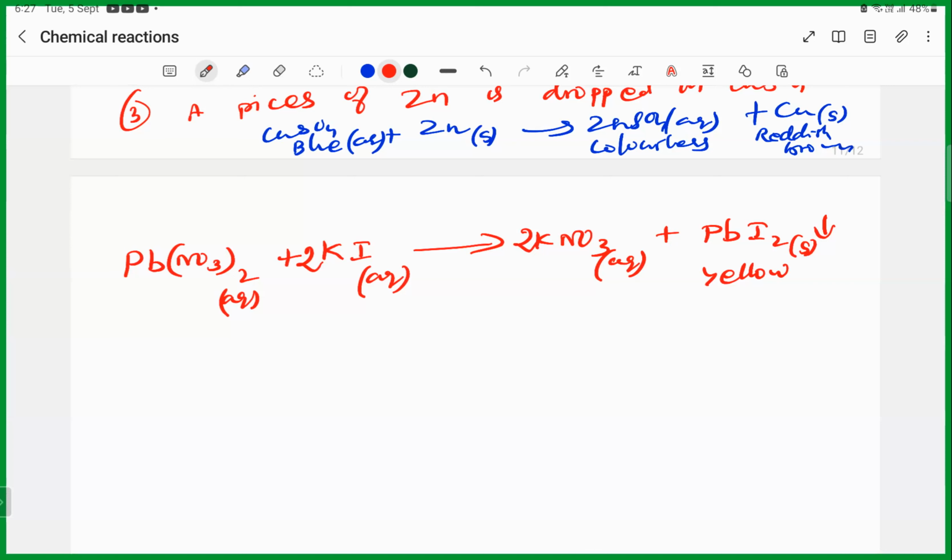So you must write, it's a precipitation reaction or double displacement reaction. So this type of reaction we can call a precipitation reaction because one of the products is formed as an insoluble substance. And the ions are interchanged, so we can say it is a double displacement reaction. This is how you should justify.